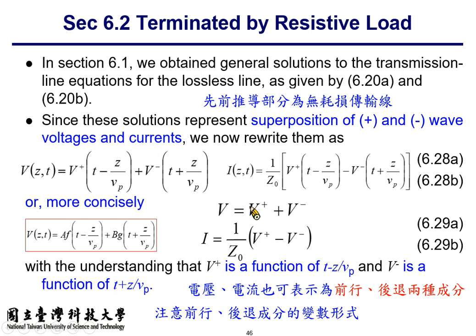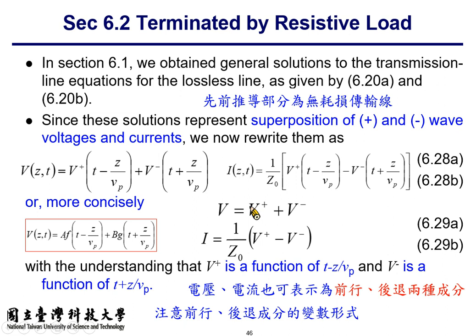As you can see here, the parameters for the V plus and V minus functions are a little bit different. If you take the derivative of the parameters within the V plus and V minus functions, you will end up with VP, the phase velocity, the propagation velocity of the signal within the transmission line.